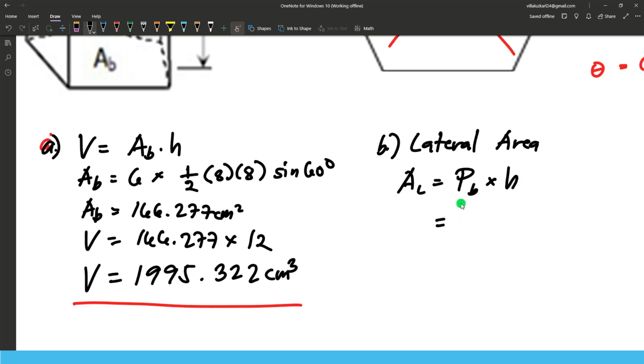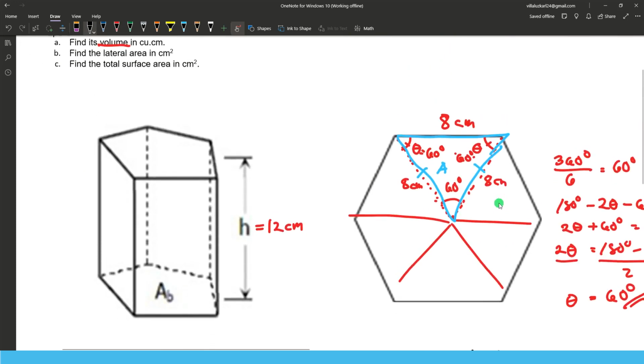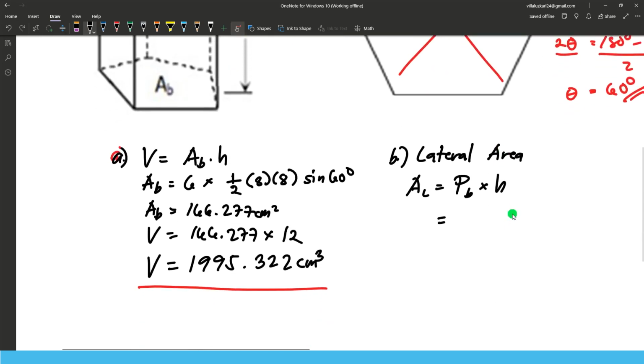If one side is equal to 8 centimeters, just multiply that by the 6 sides, so 8 times 6, times the altitude of 12 centimeters.